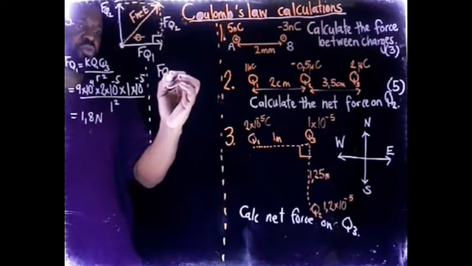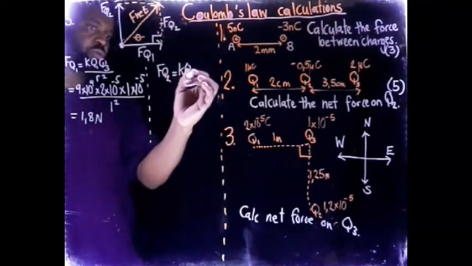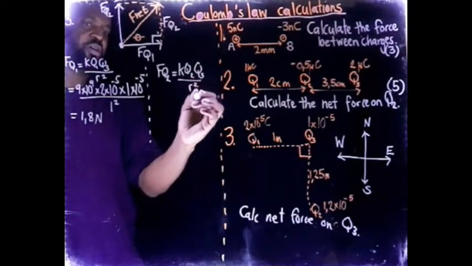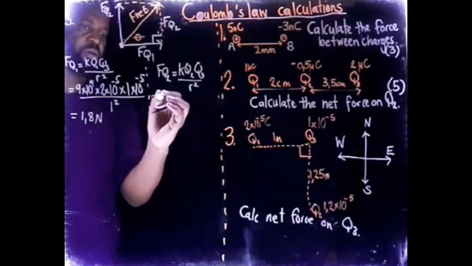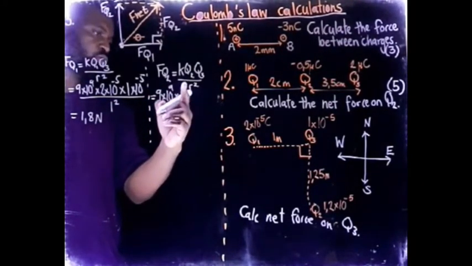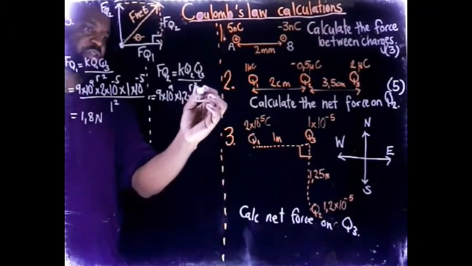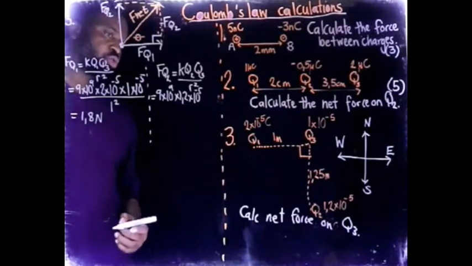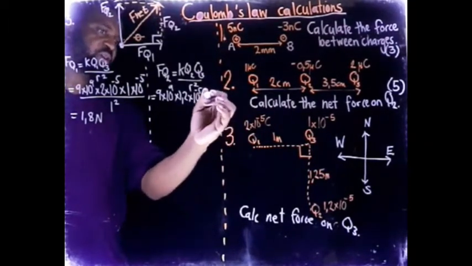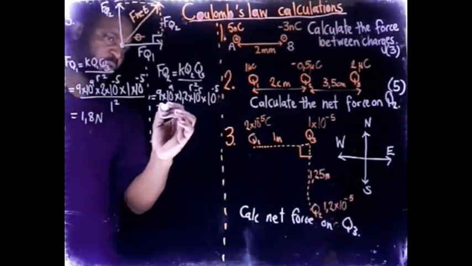The force from Q2 is K times Q2 times Q3 over R squared. 9 times 10 to the power 9. Q2 is 1.2 times 10 to the negative 5. Q3 is the same, 1 times 10 to the negative 5, because 1 times that doesn't change anything.